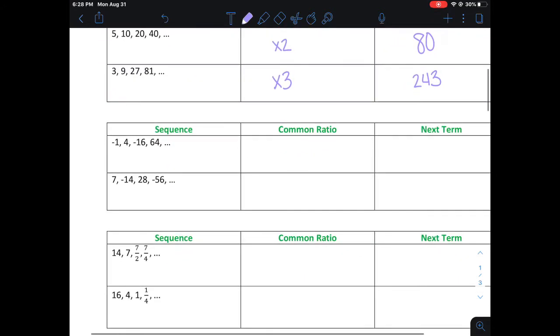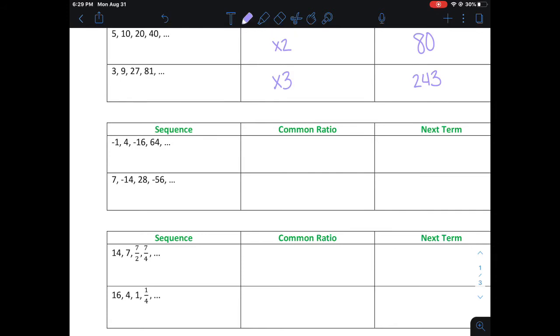All right, let's go to the next one. We've added a little trick in here, so let's see if we can catch it. -1, 4, -16, and 64. -1 times what gets us to 4? 4 times what gets us to -16?